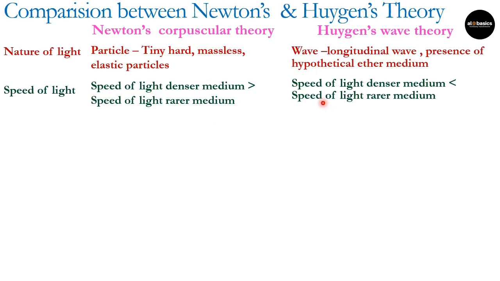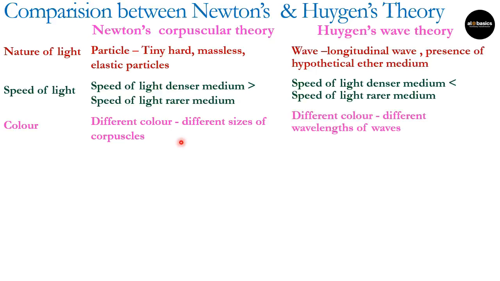And afterwards, it was proved that the speed of light in a denser medium is less than that in a rarer medium. Next point of discussion is color. According to Newton, different colors of light are due to different sizes of corpuscles, whereas according to Huygens, different colors of light are due to different wavelengths of waves.